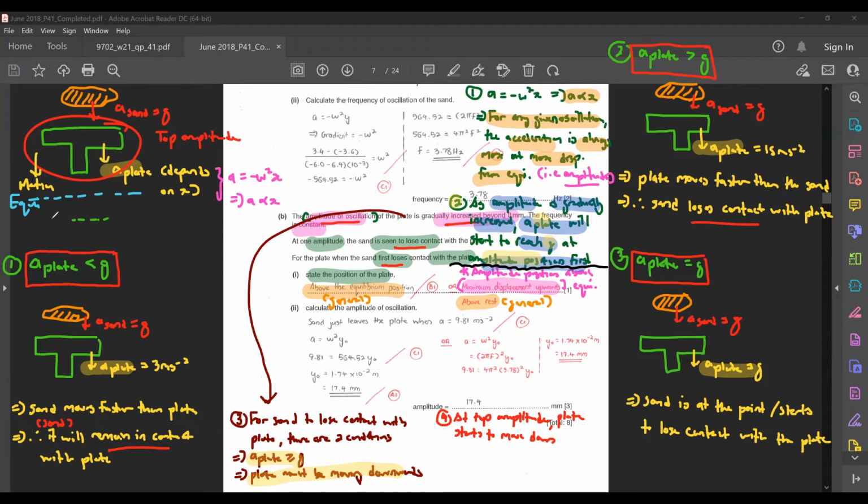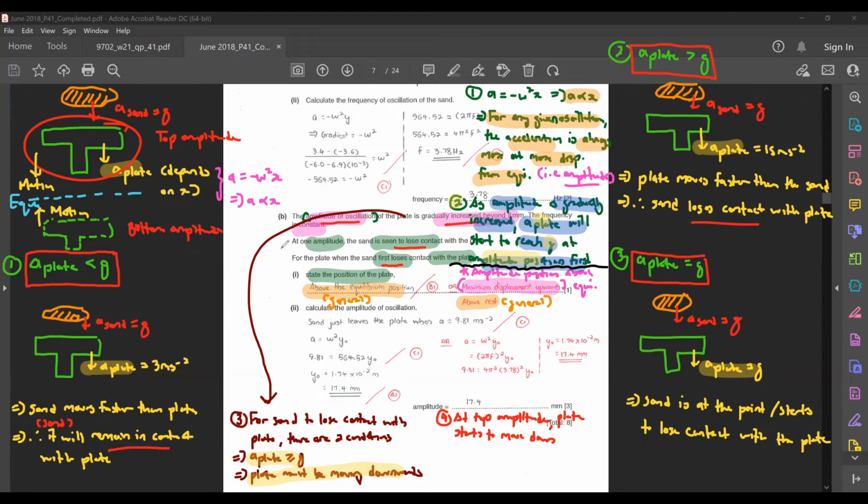But if you're talking about a case where your plate is at the bottom amplitude position, let me just draw another diagram here like this. Say this one now is your bottom amplitude position. Yeah, you reach bottom amplitude position here. If you consider the next instant of time where the plate will move, the plate will actually start to move upwards. It cannot move any more downwards because it's already reached the amplitude position.